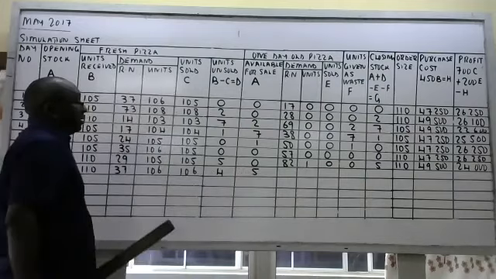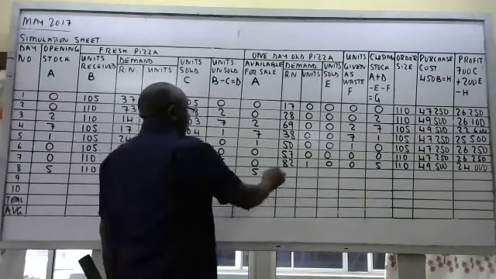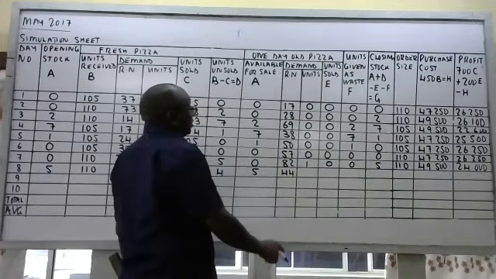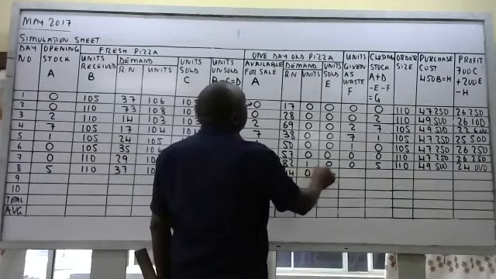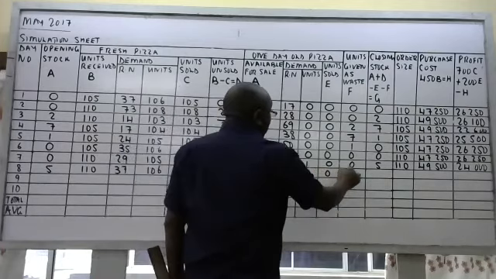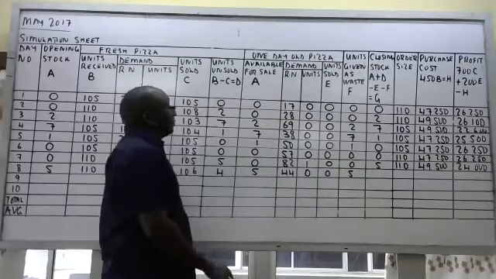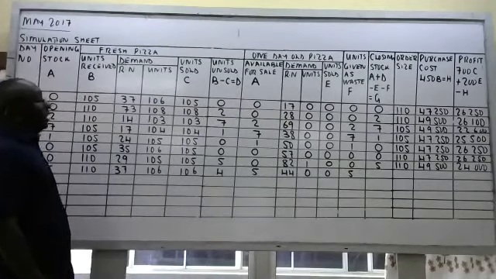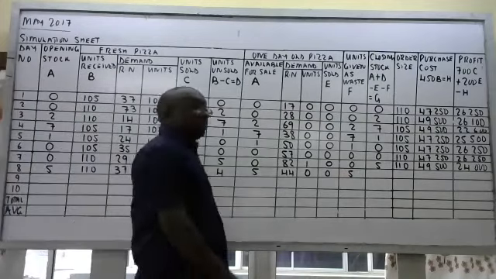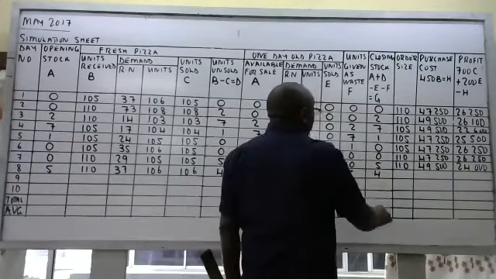Random number 44. So that gives us 0. So we sell nothing. Then these 5 we throw away. The closing now is these 4.